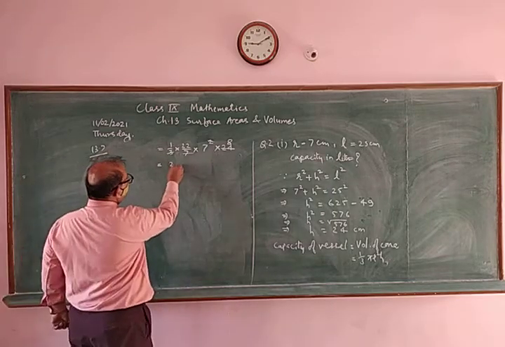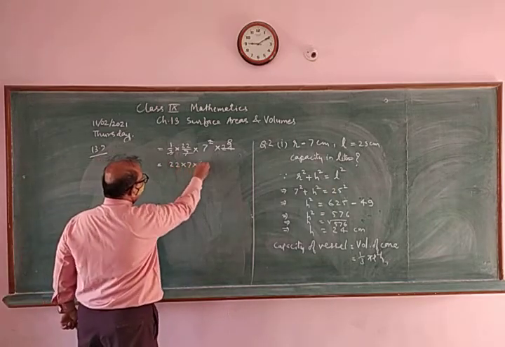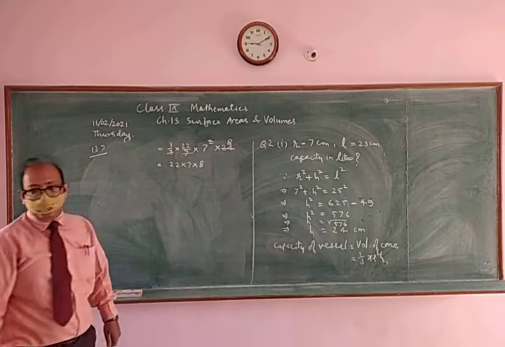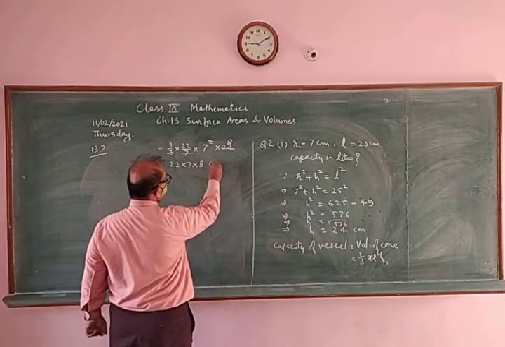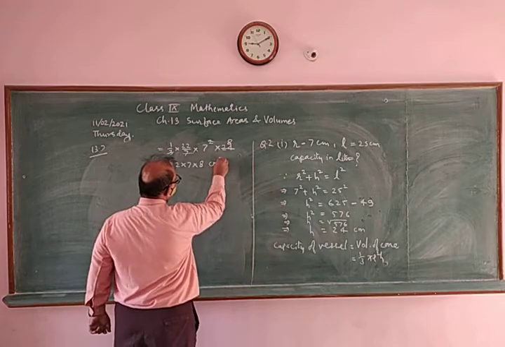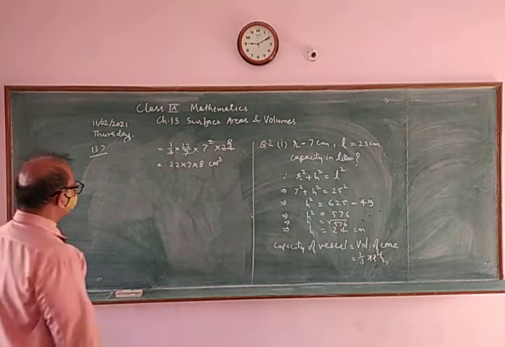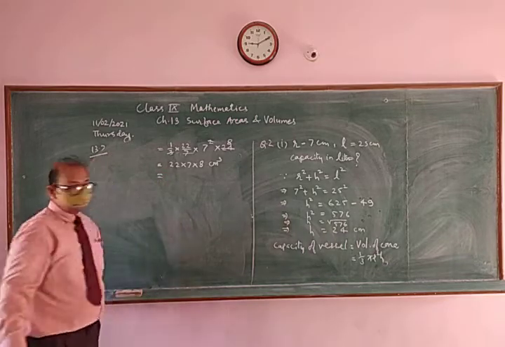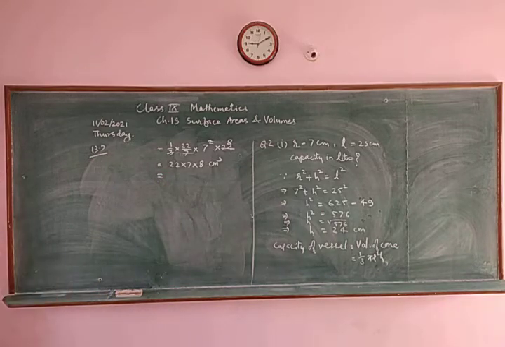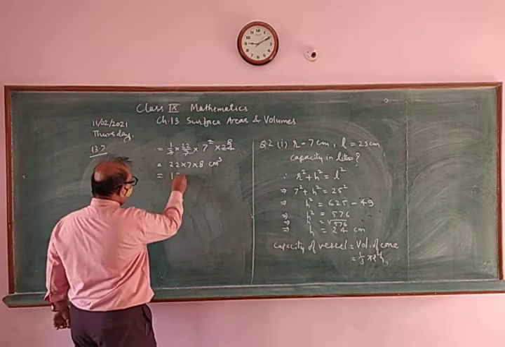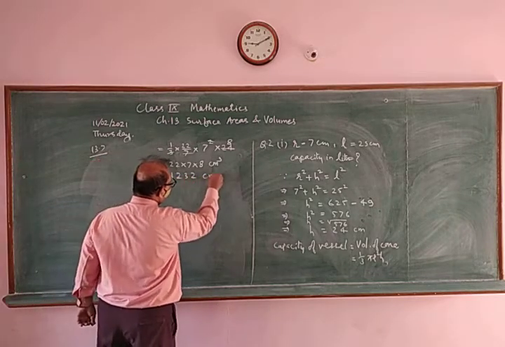Now 22 into 7 into 8. The unit is cubic centimeter. Now multiply this: 1232. So 1232 cubic centimeter.